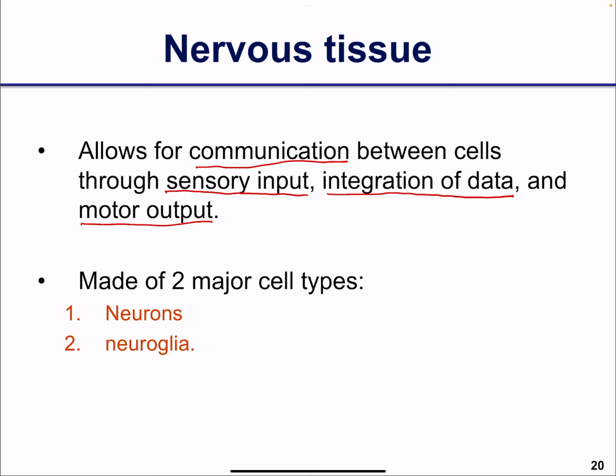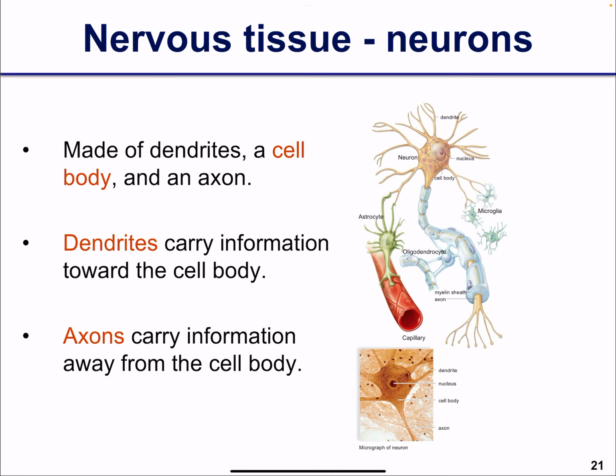Now, what are the cells that are responsible for this function? We have two types of cells. We have the neurons and we have the neuroglia. These two types of cells work hand in hand. Now, the neurons are the cells that are going to gather the information, integrate that information, and make a decision.